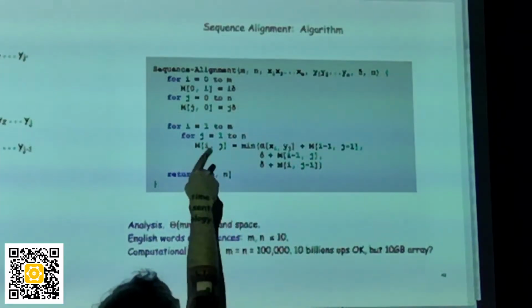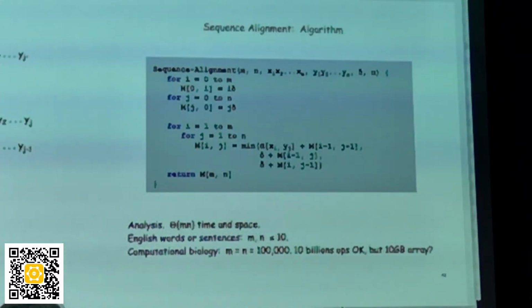So we initialize: we make the first row and the first column. Here it's interesting. In the longest common subsequence, if one of the strings was empty, there was no cost because there's nothing in common, so you would write a 0. Here that's not the case, because if one of them is empty, you would have to put gaps in order to match things, and every gap costs you.